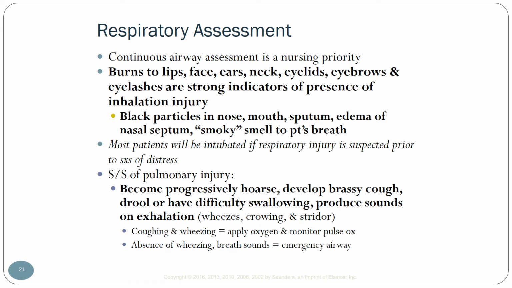This could be because of a restricted airway. So that's going to be a sign that we're headed for a bad situation. Like I said, maintaining the airway is the priority. They may produce sounds on exhalation that are wheezing, crowing, or a stridor. We know that stridor is a medical emergency and it would indicate intubation immediately.